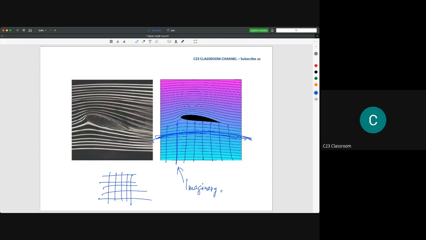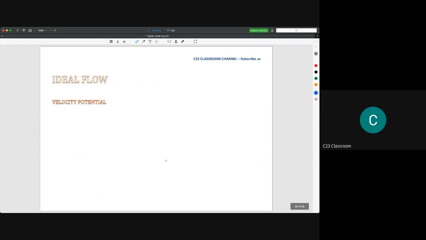We have a formula to do this, and it is known as velocity potential. Again, you must know that velocity potential is the imaginary line which is perpendicular to the stream function.